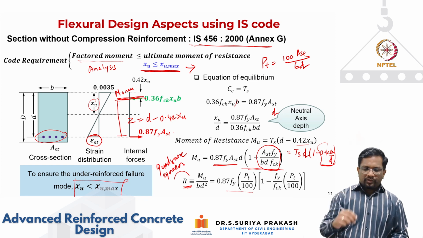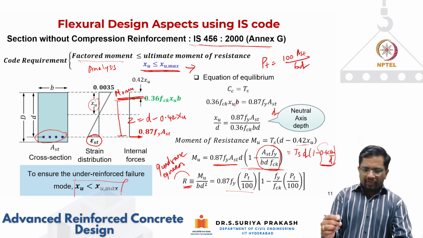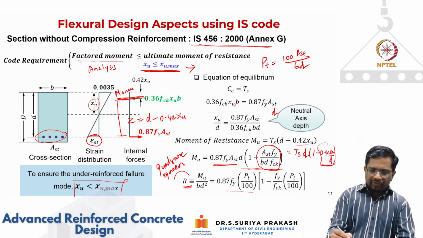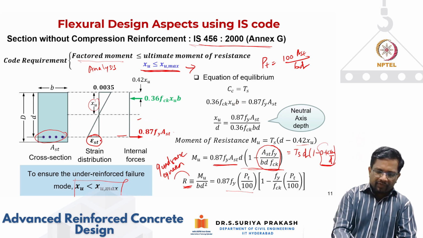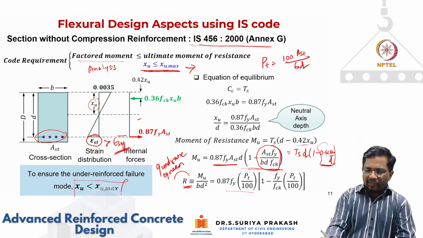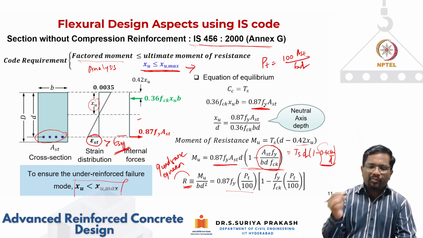One thing you have to note in this derivation is that we have made sure epsilon st is always greater than epsilon sty specified in your IS code. Only then is the stress going to be 0.87 Fy, and then I can relate everything.